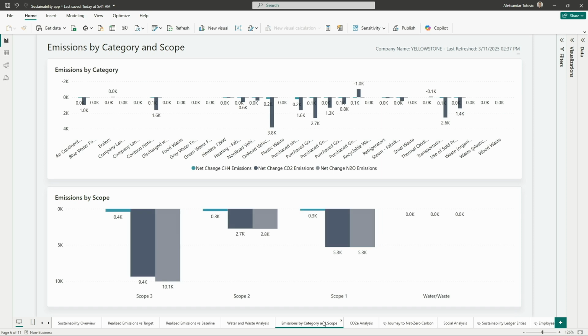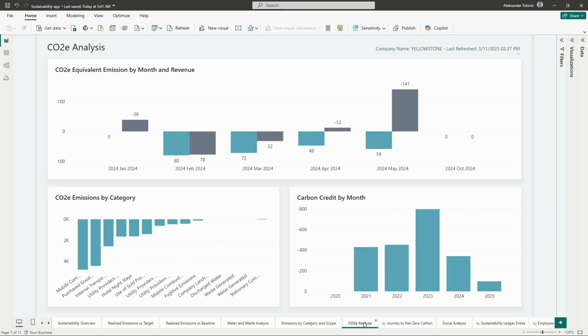So we can continue with emission by category. For all categories, all emissions we can track, and the same for emission by scope. So you can see emission by scope for carbon: emission scope 3, emission scope 2, emission scope 1. And CO2 equivalent analysis, so this is carbon equivalent analysis. This is calculated from all your emissions when you convert all to carbon equivalent.